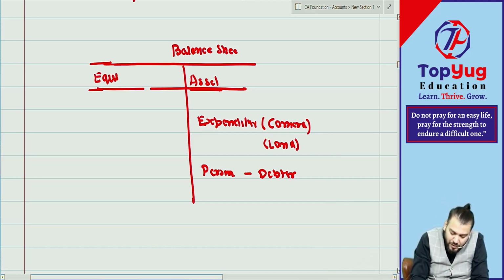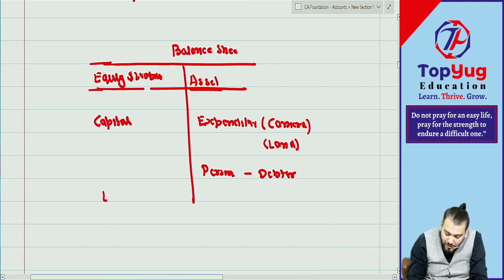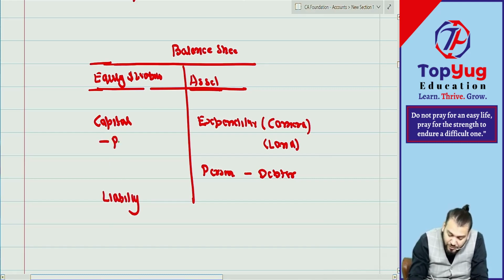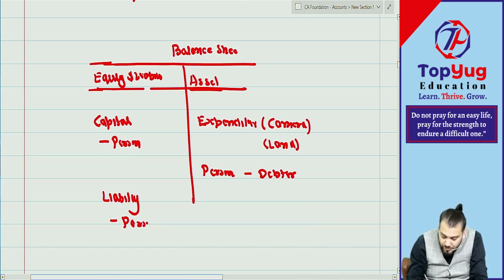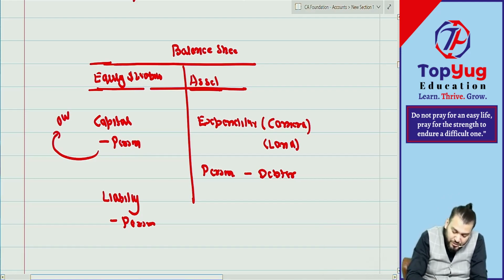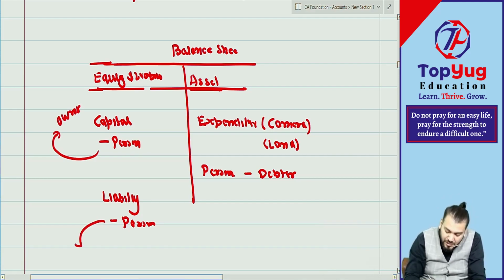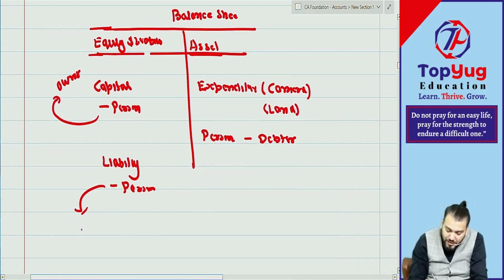So we write down capital plus liability. This capital is also a person. This liability is also a person. But this person is the owner of the business, and this person is an external party.